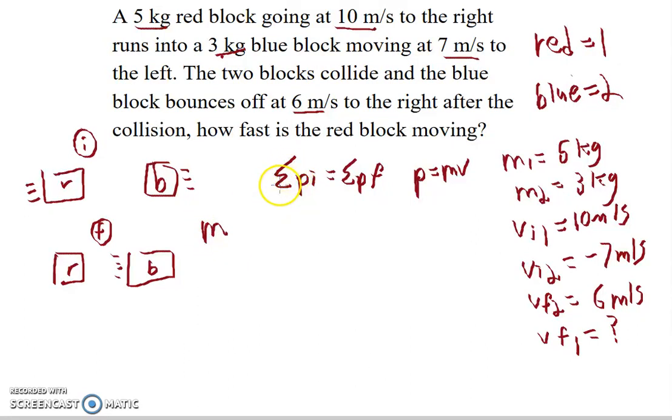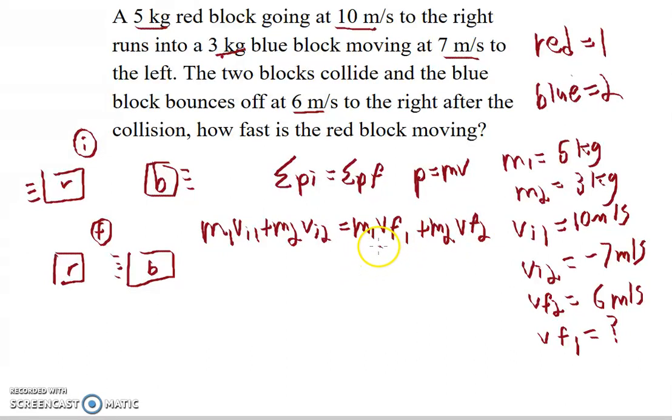So on the left side, net p_i is equal to the total initial momentum. So mass of the red times the initial velocity of the red plus mass of the blue times the initial velocity of the blue is equal to the mass of the red times the final velocity of the red, plus the mass of the blue times the final velocity of the blue.